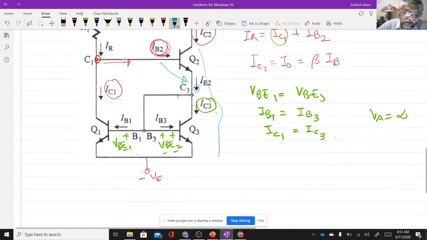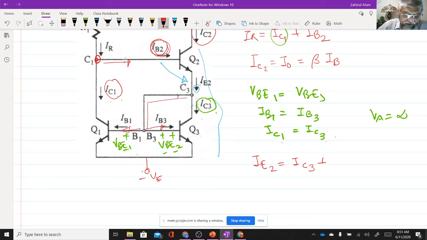If we write the KCL for IE2, then I can write IC3 plus, as this current is divided into this branch and this branch, IB1 plus IB3, or I can write IC3 plus 2 IB3.